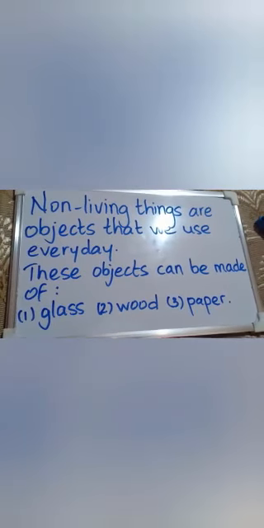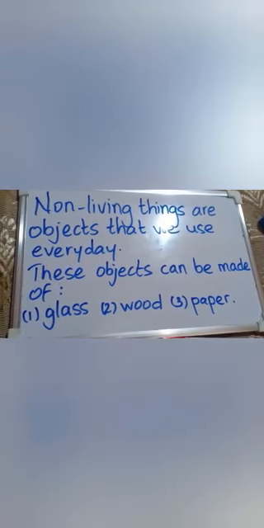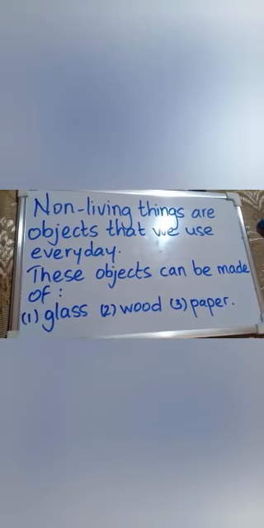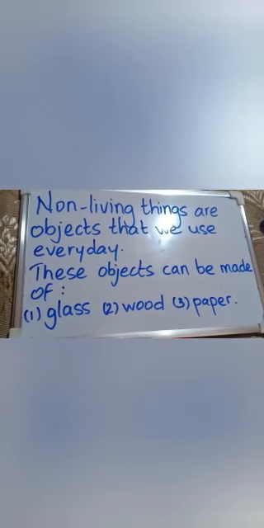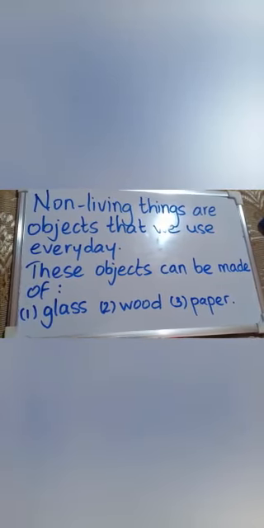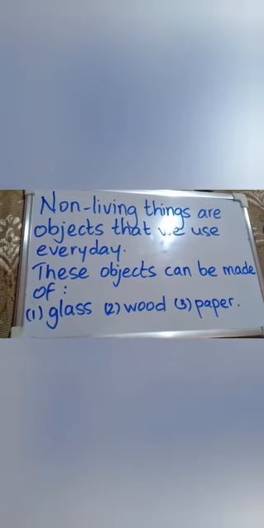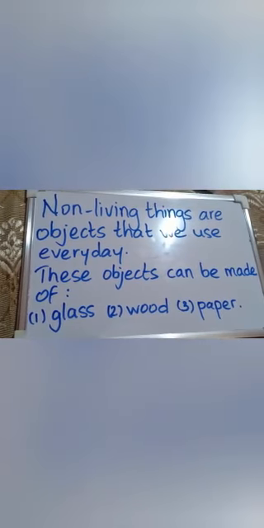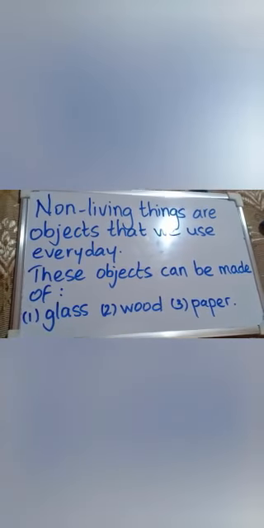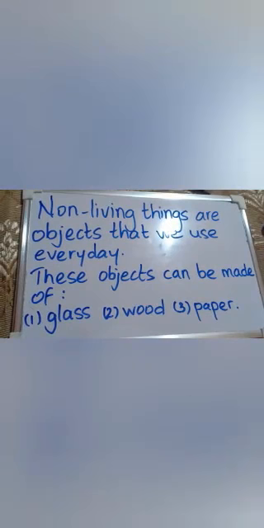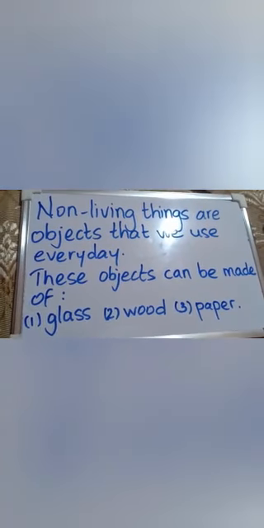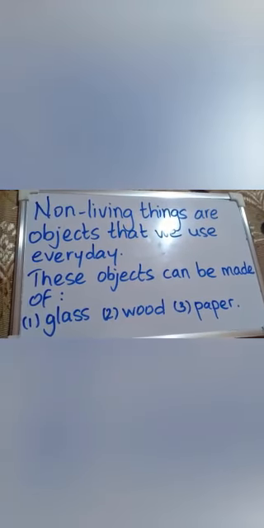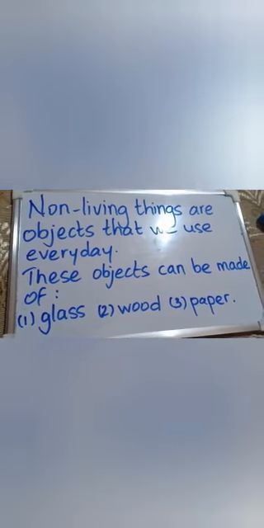Now I'm going to give you an example for each. An object made of glass can be the window pane, the doors. An object made of wood can be the furniture, table or chair. Objects made of paper, they can be books, copybooks, magazines, newspapers, and so on.